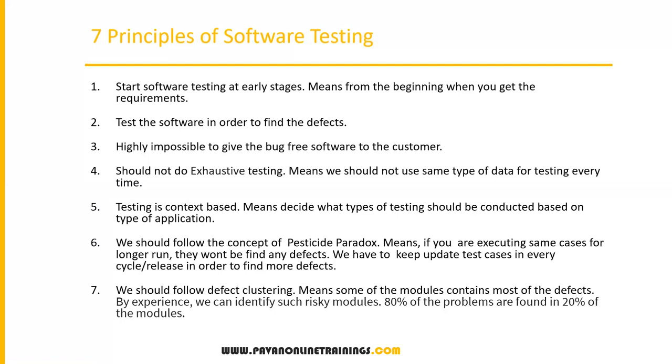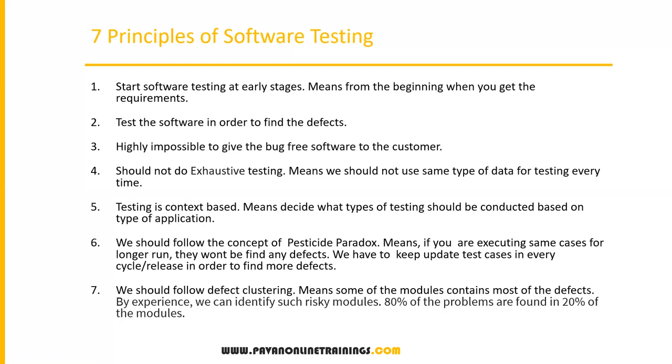Now the third principle is, it's highly impossible to give bug-free software to the customer. In interviews, people will ask you, is it possible to deliver 100% bug-free software to the customer? Not at all. It is never possible. Even if you recruit more people, increase the duration of the testing, or add more cycles, it is still never possible.